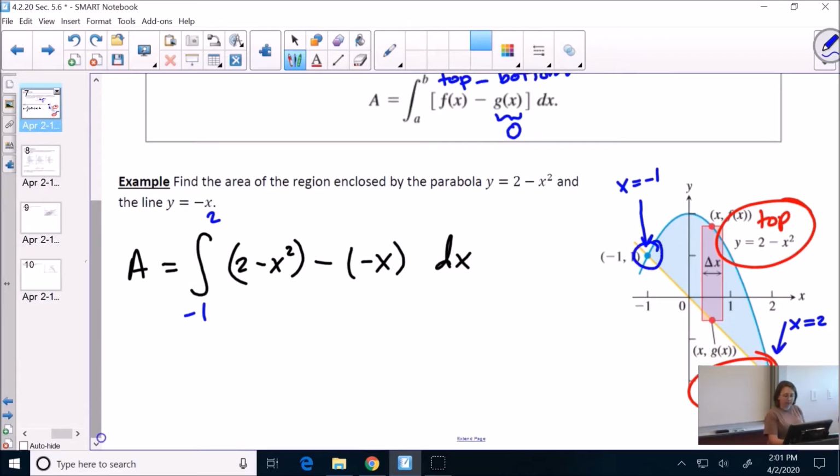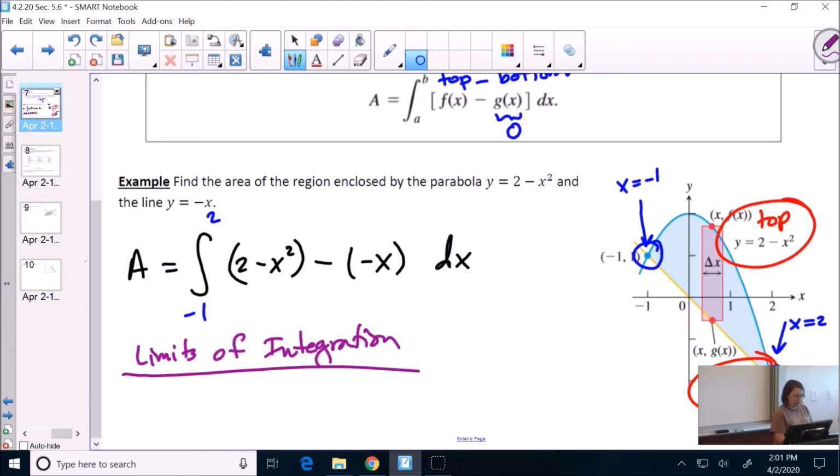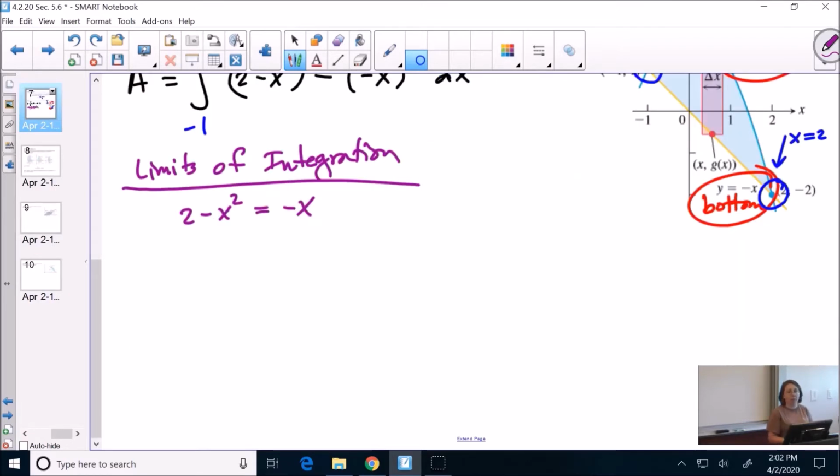Well, look what's happening at these points. Two curves are intersecting. So what you would do to find your limits of integration is you would set the two curves equal to each other, meaning that they intersect, and then you would solve that problem. So I'm going to bring my x squared around.